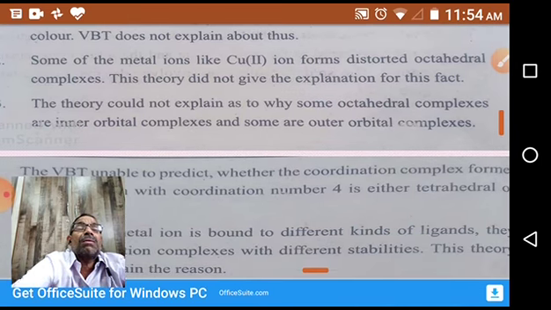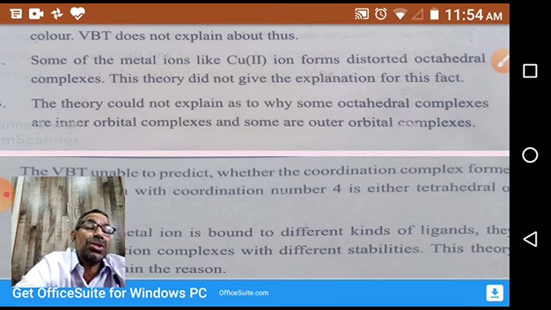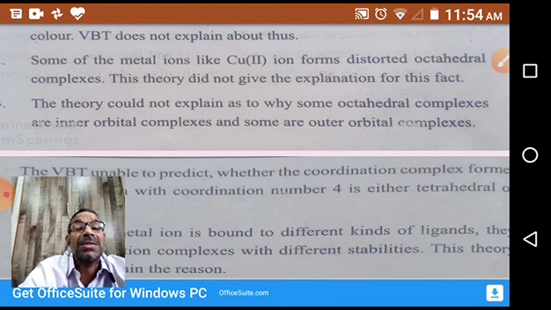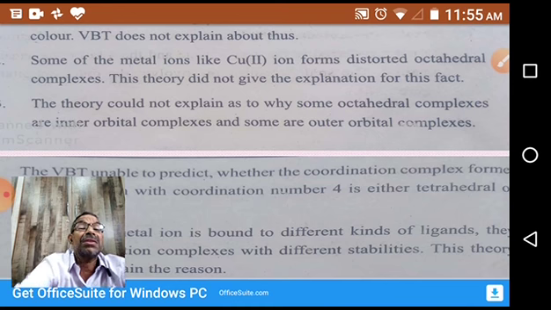The theory cannot explain why some octahedral complexes are inner orbital complexes and why some are outer orbital complexes. Just now we discussed the same iron with chloride ligands, it is an outer orbital complex. The same iron plus 2 with cyanides is an inner orbital complex. Why is this happening? The reason is not explained.